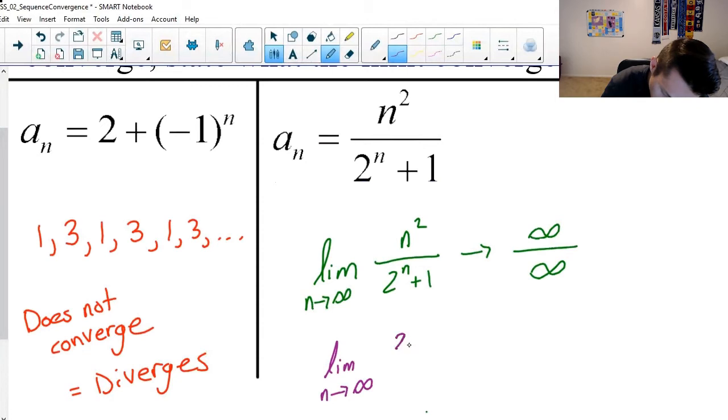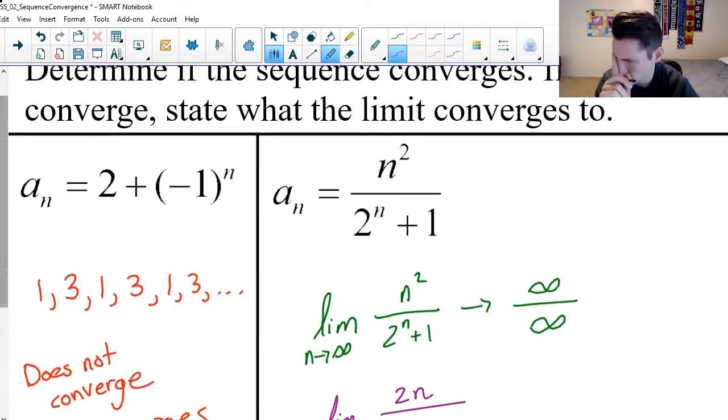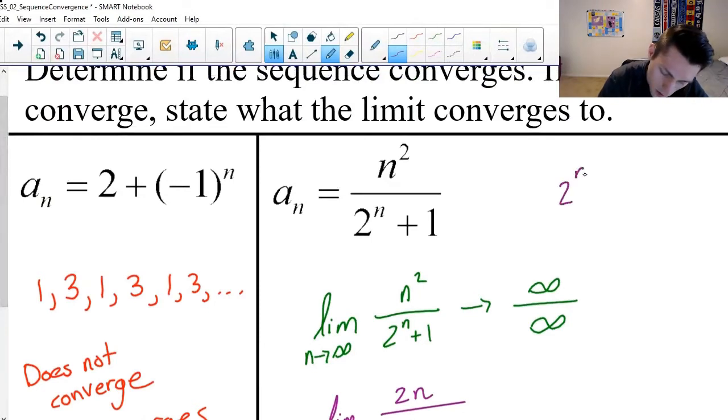Derivative of n squared is 2n. Derivative of 2 to the n plus 1. We haven't done a ton of derivatives of exponentials, right? We know that e to the anything is just the same thing. But so, brief reminder. Let's just do a general one.